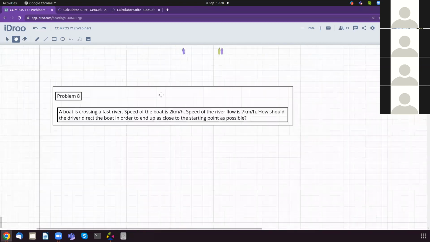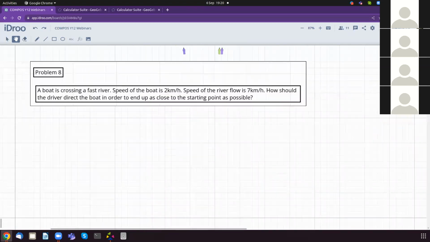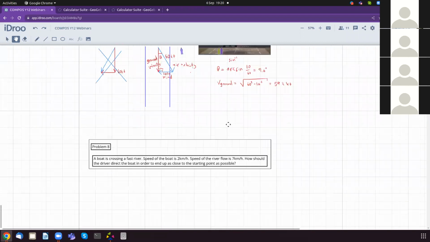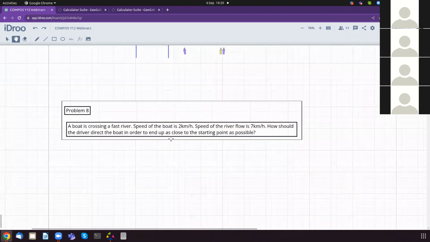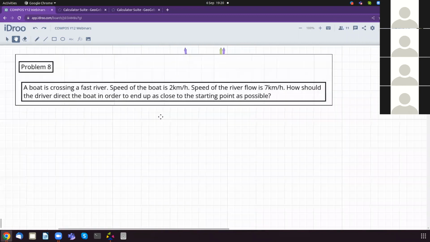If you've seen this, at first it seems like it's the same question as with the plane. A boat is crossing a fast river. The speed of the boat is 2 kilometers per hour. The speed of the river is 7. How should the driver direct the boat in order to keep up as close to the starting point as possible?